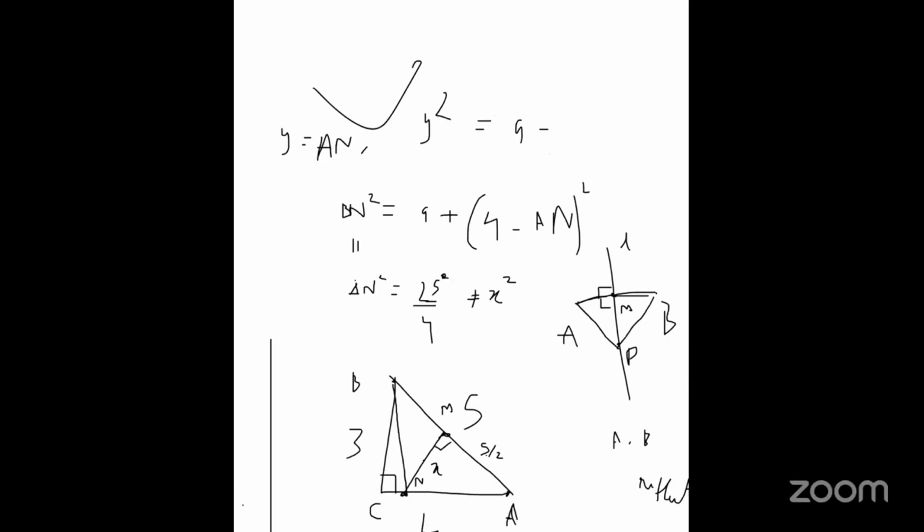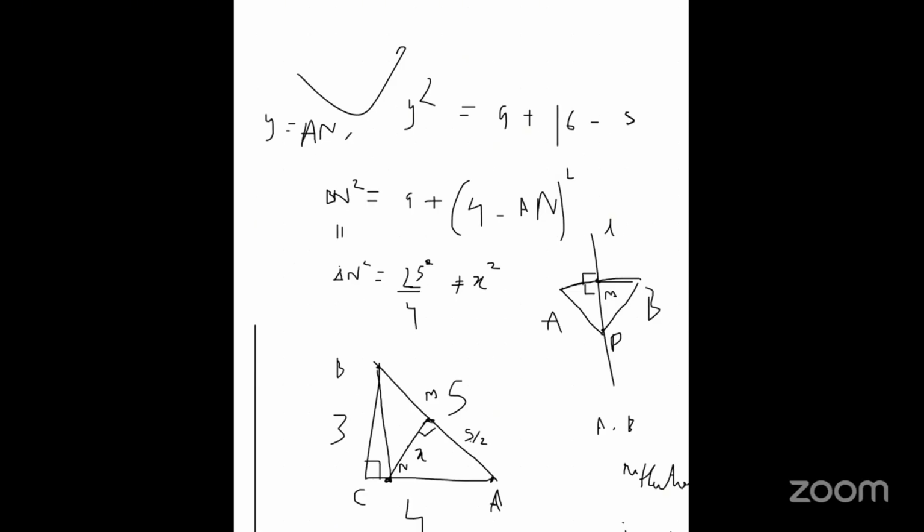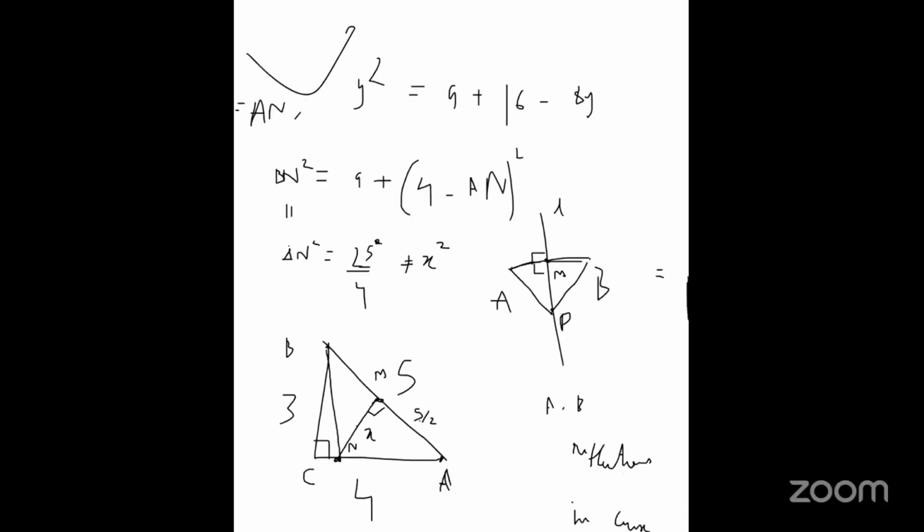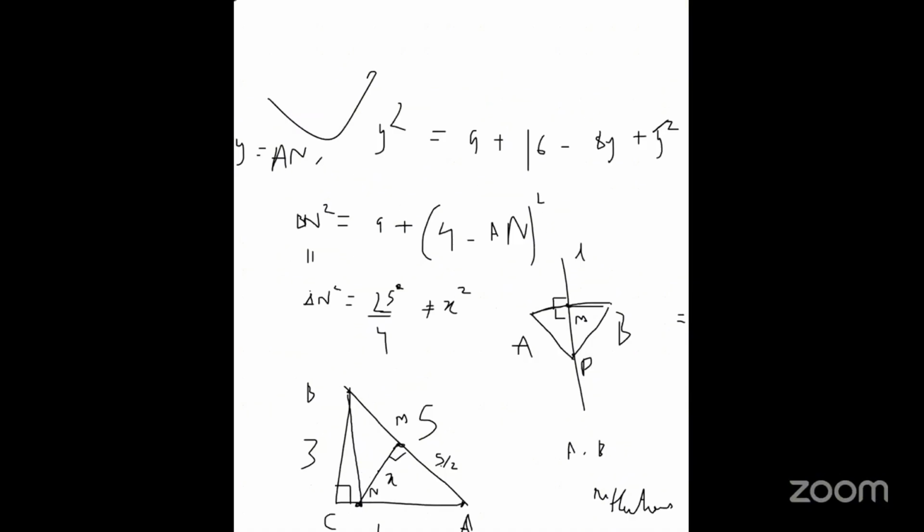I'll just expand the 4 minus Y whole square. Y square is 16 minus 8Y plus Y square. And so you cancel off the Y squares, and you get Y is equal to 25/8.